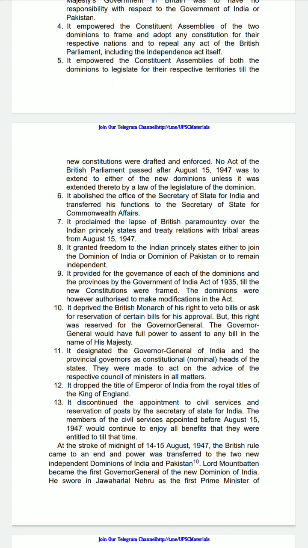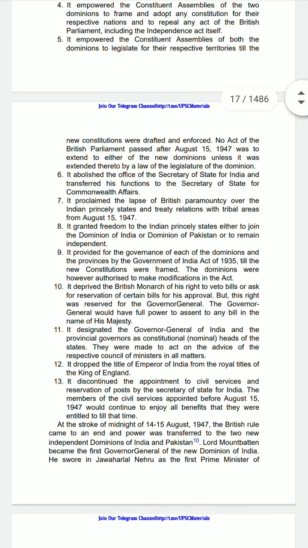No act of the British Parliament passed after August 15, 1947 was to extend to either of the new dominions unless it was extended thereto by a law of the legislature of the Dominion.